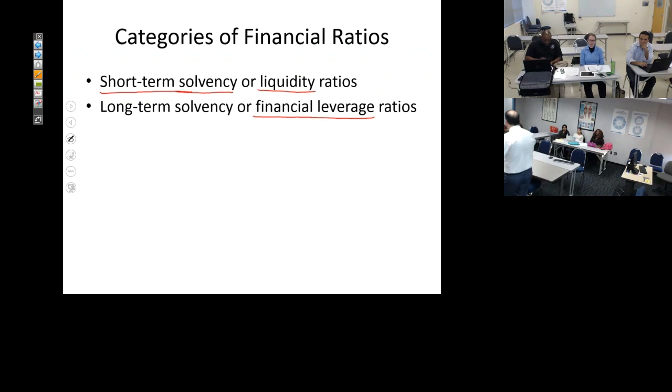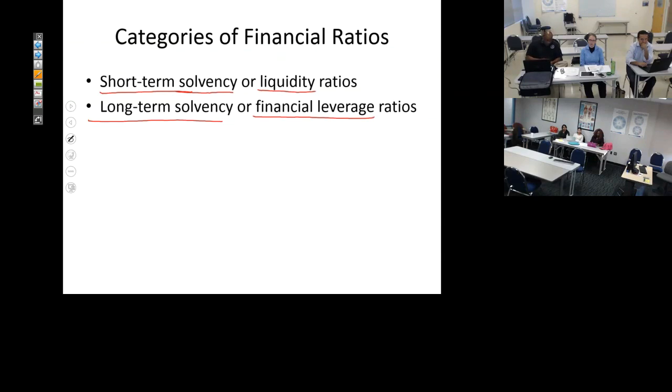And that may get me into trouble. So I've got lots of assets, but those are not liquid assets. I need cash, or assets that are easily convertible to cash, so that I'm able to pay my short-term liabilities. So we will be looking into the long-term solvency ratios as well.